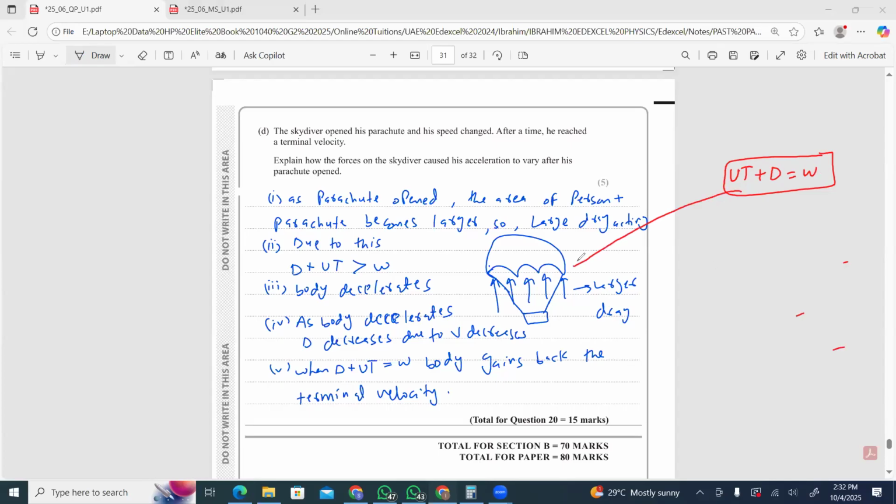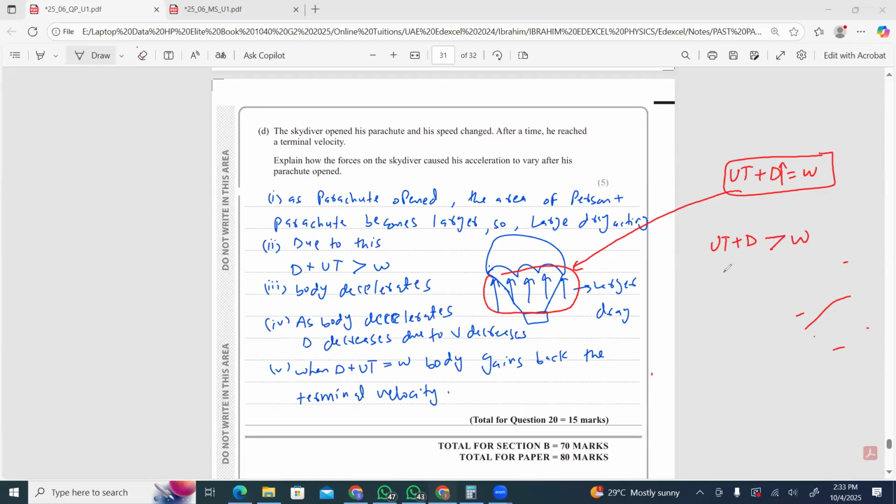You see here, so many layers of air are acting on you, so the drag is altogether increased. So when drag is increased, the sum of upthrust plus drag is no more equal to the weight, rather it is greater than weight.